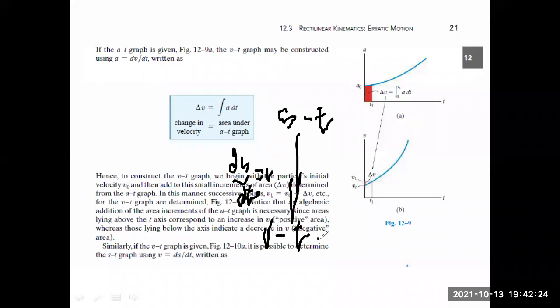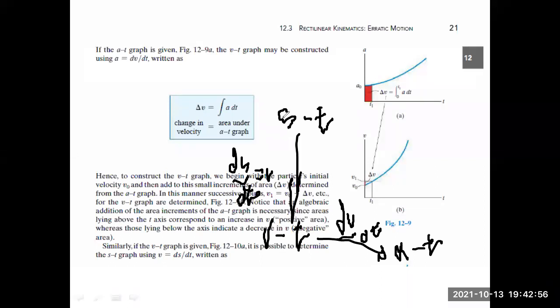So this is V versus T, and this is A versus T. If I want A versus T, I need to differentiate V with respect to T, so what I need is dV by dt. If you are given velocity versus time, you can get A by differentiating velocity with respect to time.